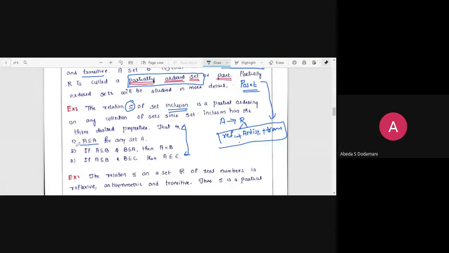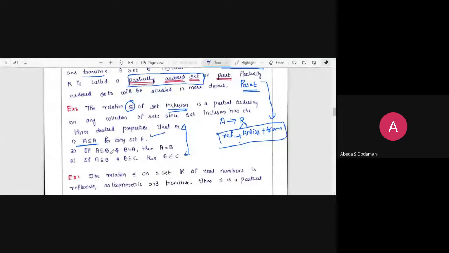A is a subset or equal to A, so you know that every set is a subset of itself. Therefore, reflexive holds true. Are you following, guys? Yes, sir.